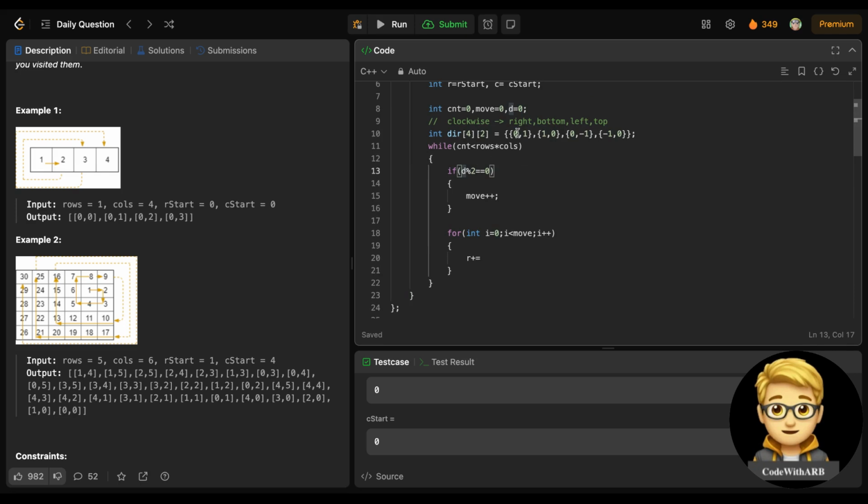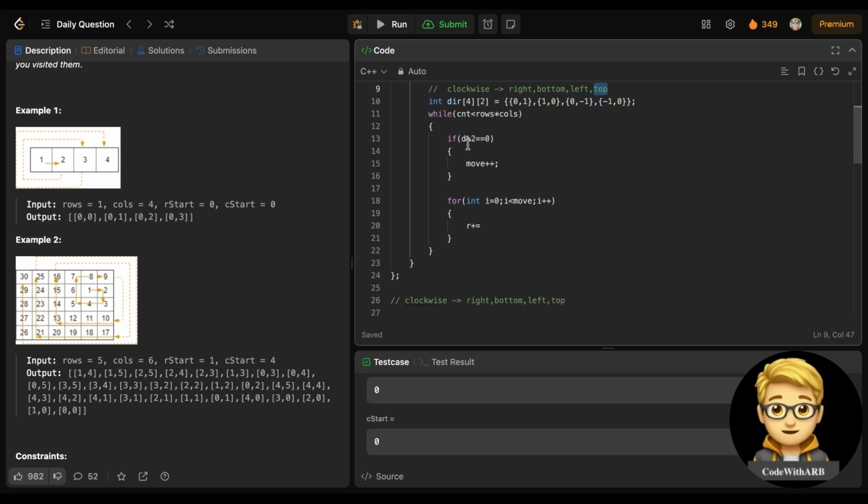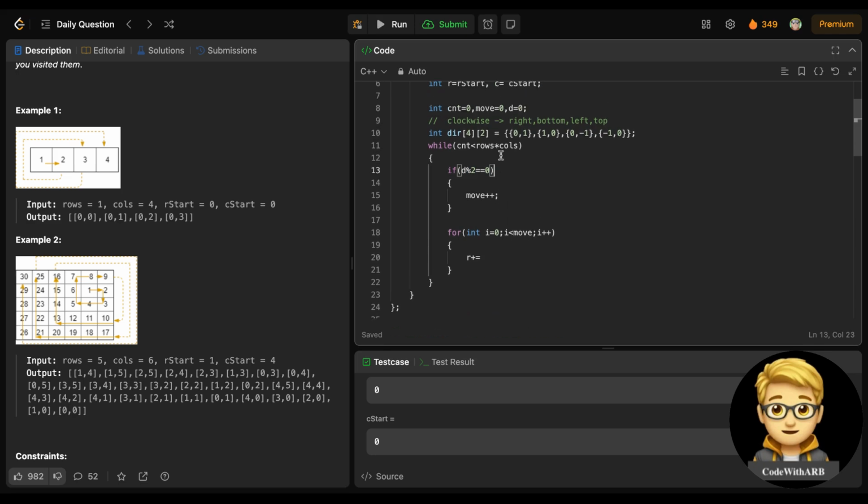And this D just represents the direction. If D is 0, it is moving right. If D is 1, it is moving bottom. If D is 2, it is moving left. And D is 3, it is moving top, right? So first D is 0, it means it is moving right, which is correct. So this moves one time. So I will go till R and C plus direction.